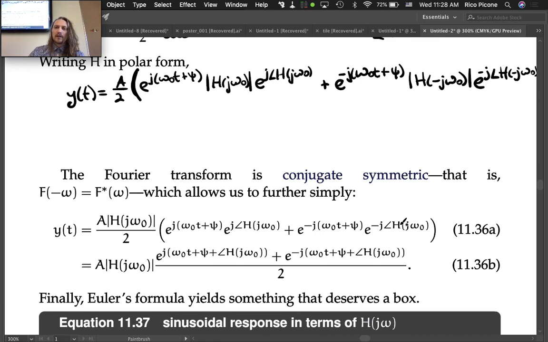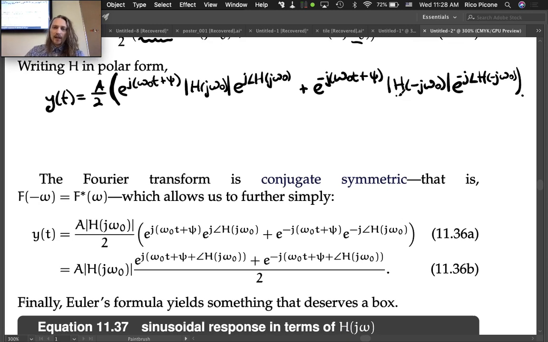So now, instead of having h of negative j omega naught, we have h of j omega naught, and we can factor it out because that's common now to both terms.